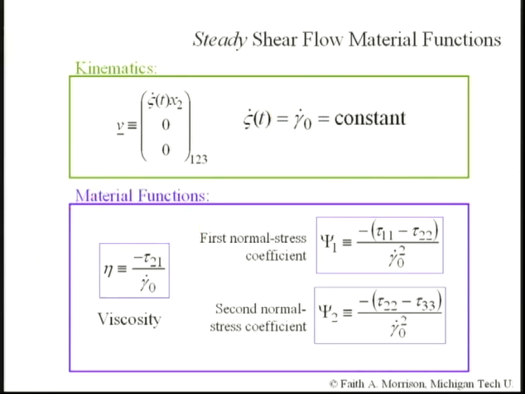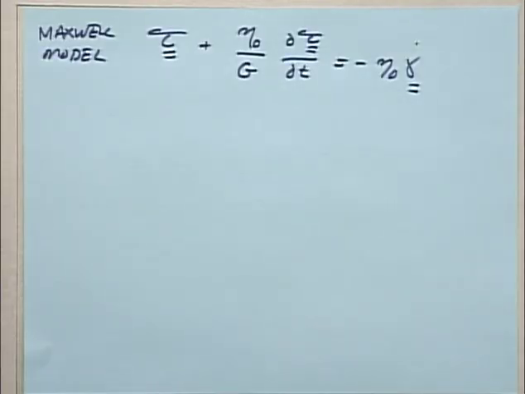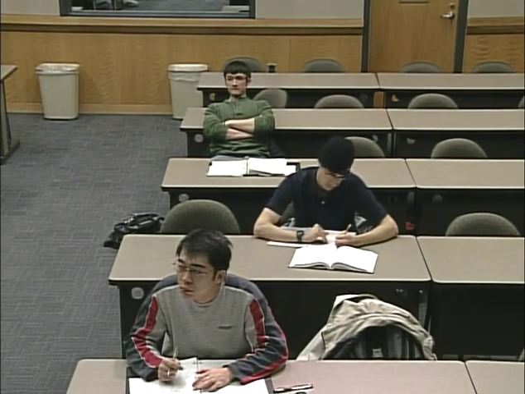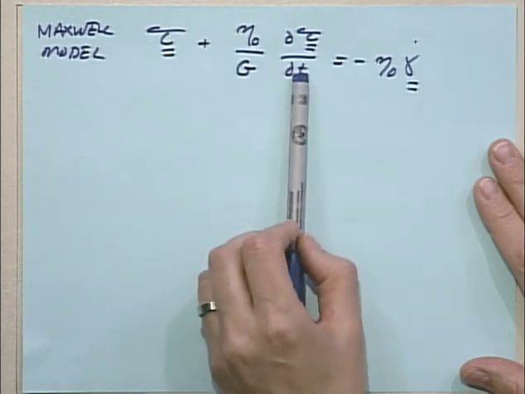All right, so how do we do it for this equation? Do you see a problem? What's the problem? Right. Stress is there twice. It's a differential equation in stress.